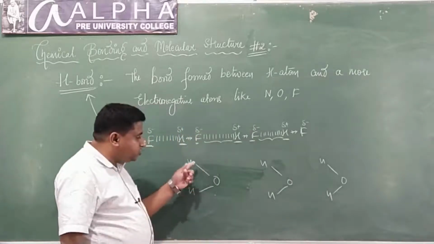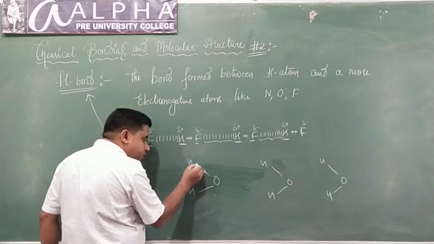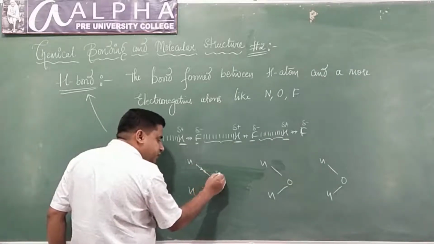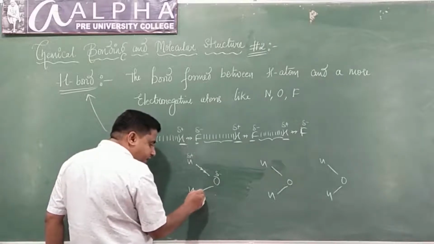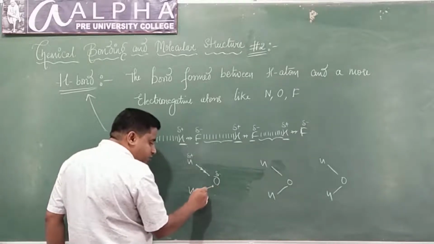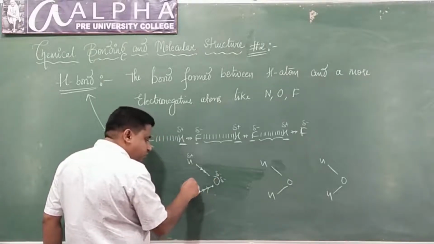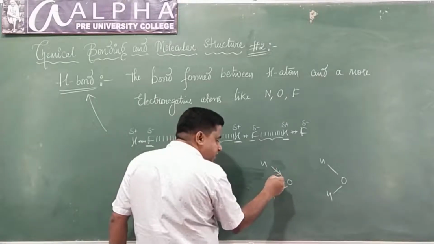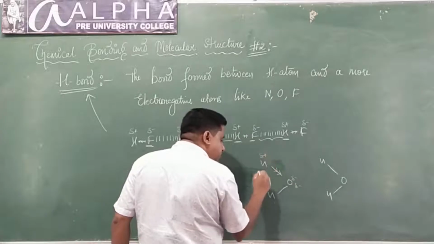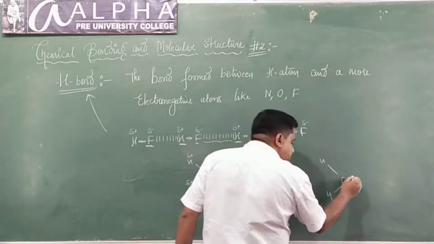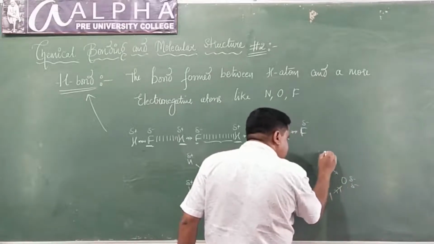We know oxygen is more electronegative than hydrogen. So oxygen withdraws the pair of electrons towards itself. Hence oxygen gets partial negative, hydrogen gets partial positive. Here also oxygen is more electronegative than hydrogen, so oxygen withdraws the electrons towards itself. Same phenomenon happens here also. Oxygen partial negative, hydrogen partial positive.